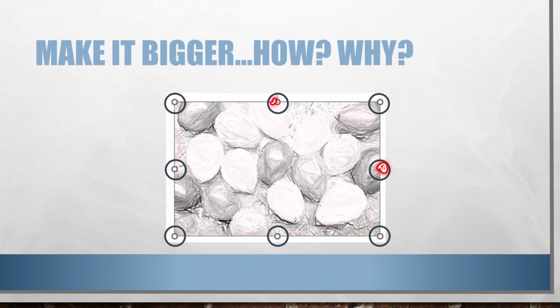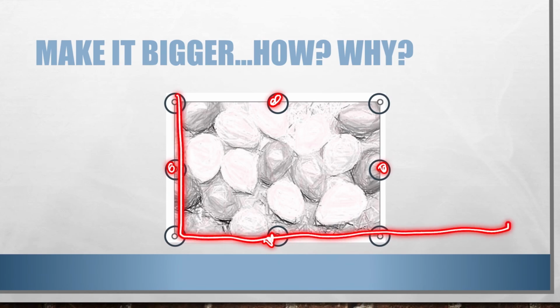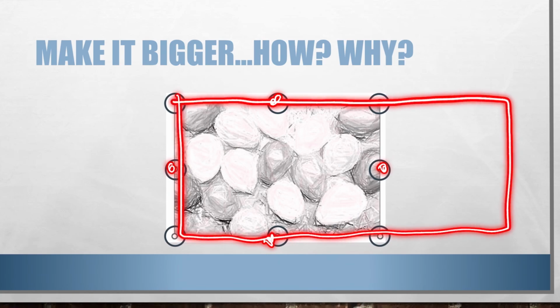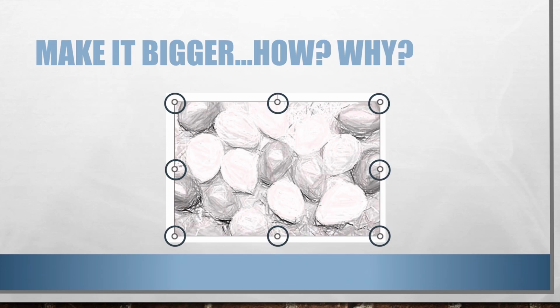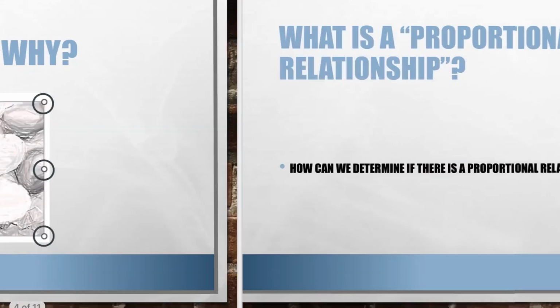Whereas if you drag one of these ones in the middle, it'll warp it because it only changes it in one direction. So the height doesn't change, but the width changes, for example, and that just skews up the whole picture. And I used to do it for my students, and they would freak out and be like, no, stop. So we would keep one of the corner ones to make sure that the scale or the proportions stay the same.